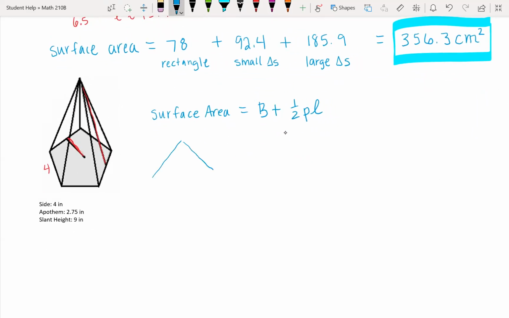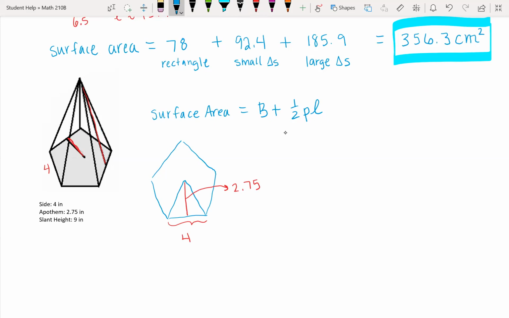A pentagon is made up of 5 different triangles, but those 5 triangles are not equilateral. So what we have to do is figure out the area of one of them. And luckily we've been given the length of the apothem, because that helps us. We know that this is 2.75. And we know that this is 4.